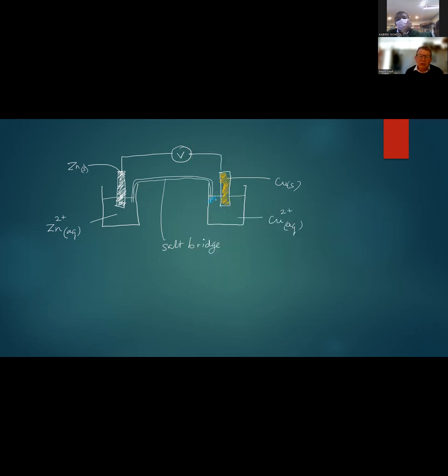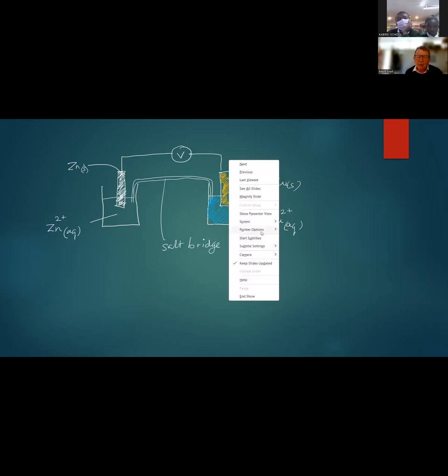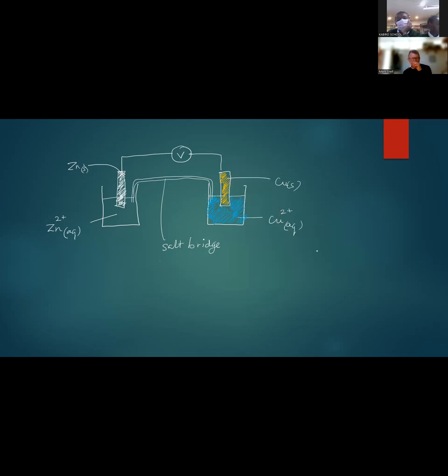This is a solution of copper ions, so it would be blue. You don't have to color it. I'm just showing you what it would look like, okay? Okay, so there is the solution.